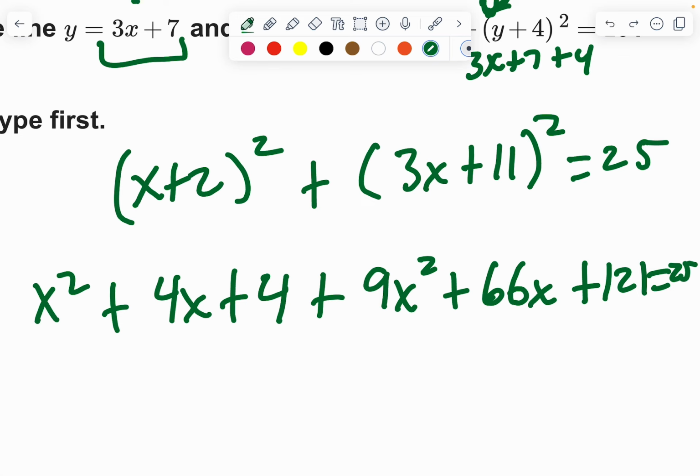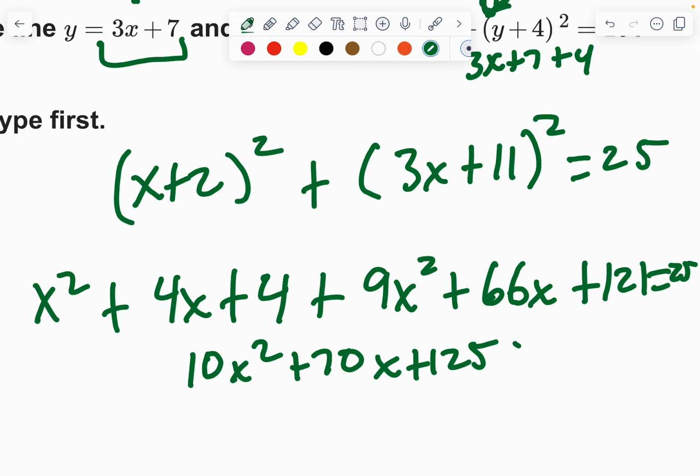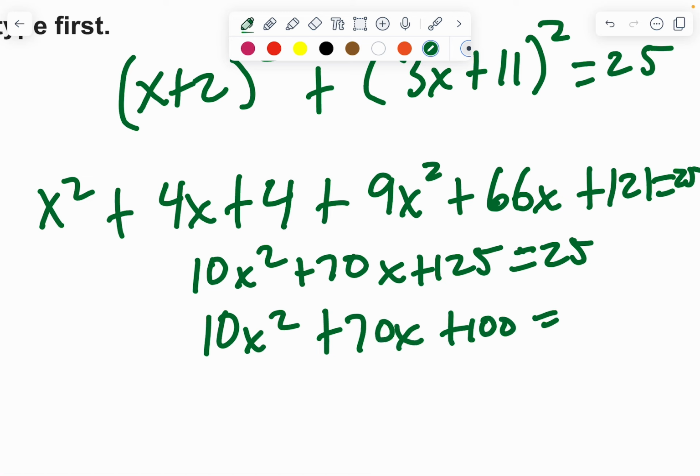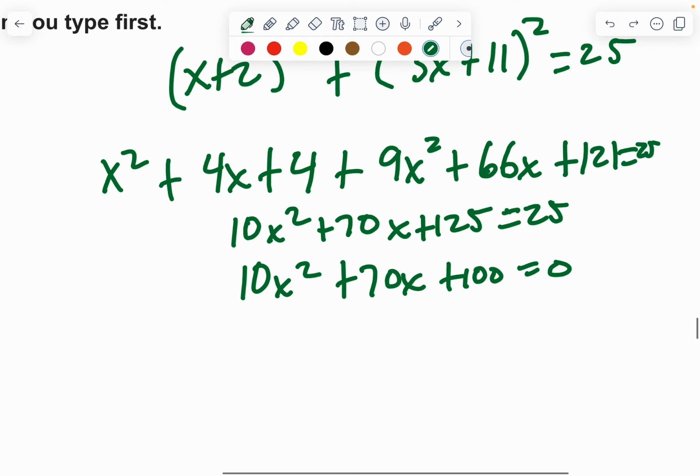Combined like terms would be 10x squared plus 70x plus 125 equals 25. So make it equal to 0: 10x squared plus 70x plus 100 equals 0. And this will be divisible. I've told you for this class it's going to have a GCF.